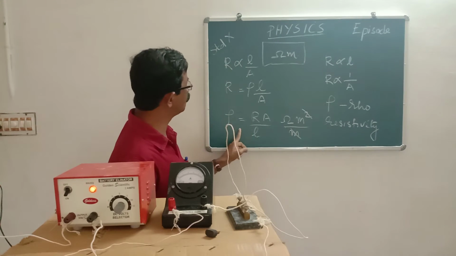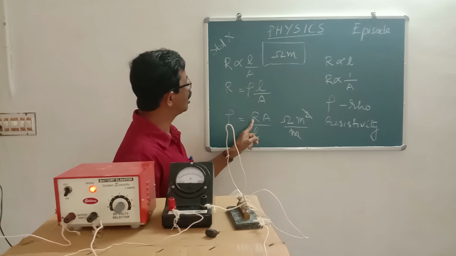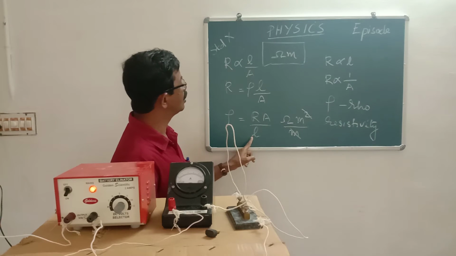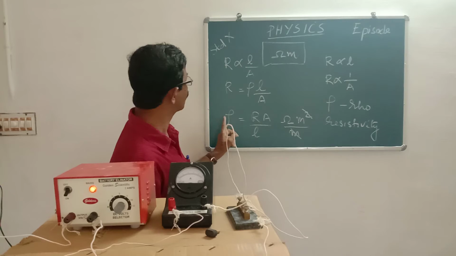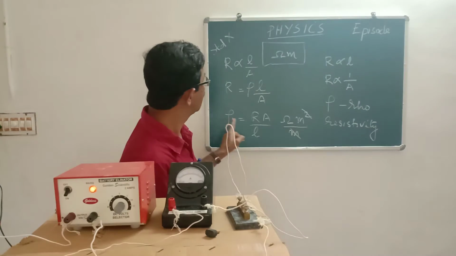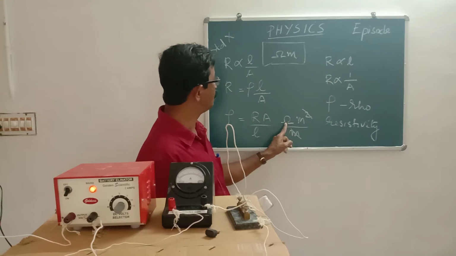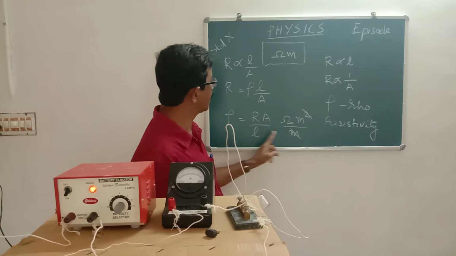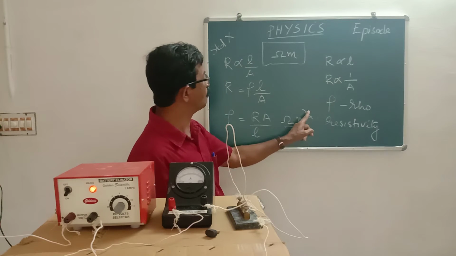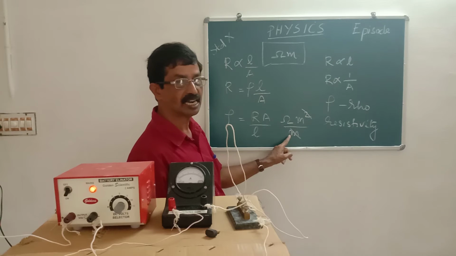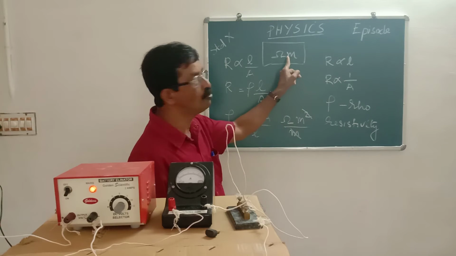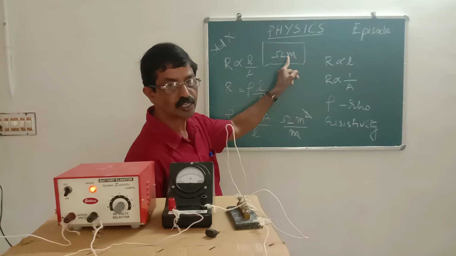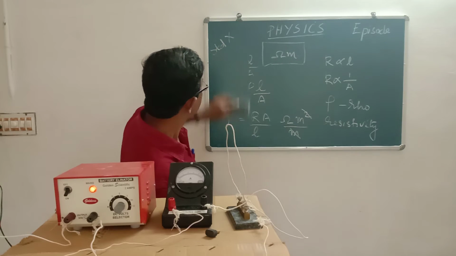From this relation, rho equals R A by L. We are going to write the unit of rho, that means resistivity. Unit of resistance is ohm, unit of area is meter square, unit of length is meter. Up and down, 1 meter we can cancel. Then what we will get? Ohm meter, the unit of resistivity.